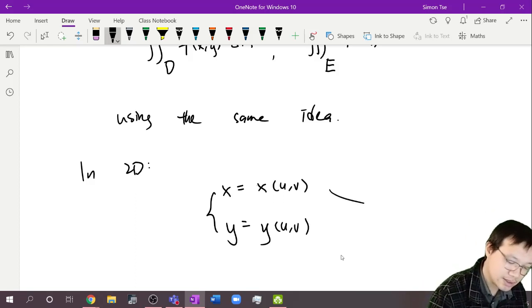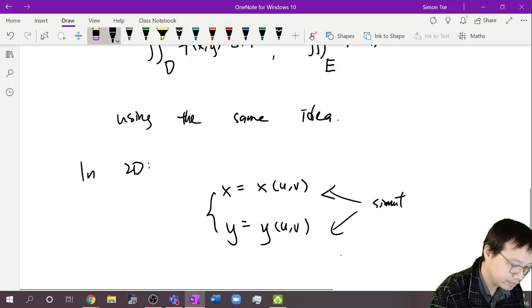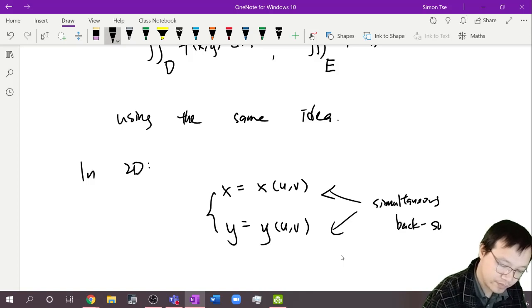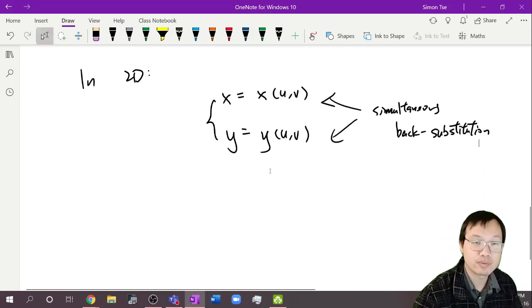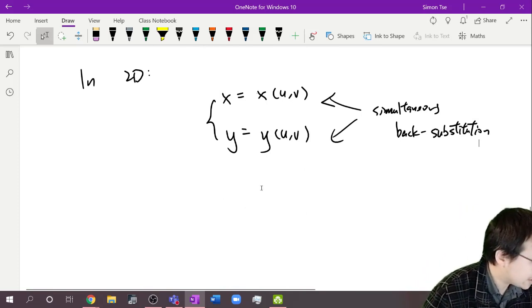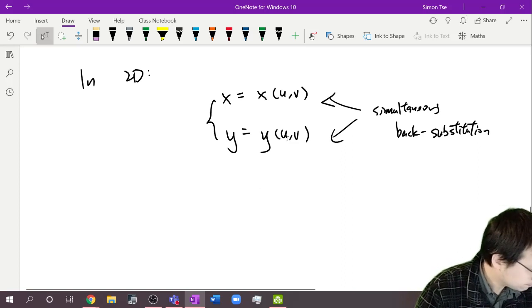So this is a simultaneous substitution, which we call back substitution. This is not the forward substitution that you usually use. It's like the trig substitution. It is a kind of back substitution where you replace the letter by a function, and not a function by another letter. So this is the change of variable we are concerned about in 2D.